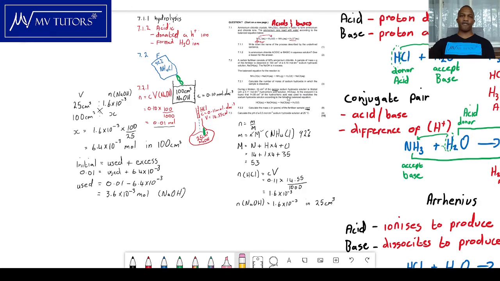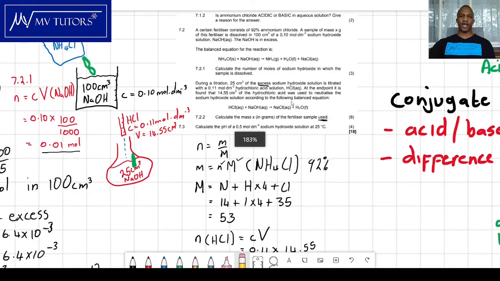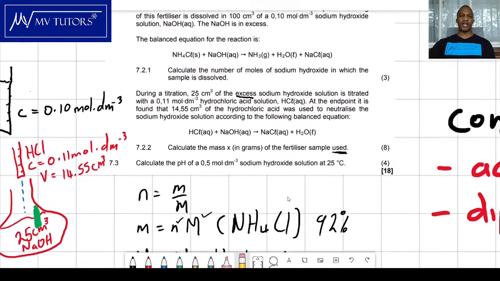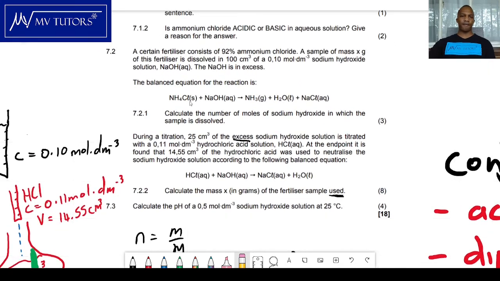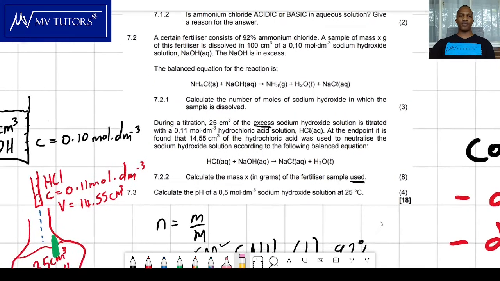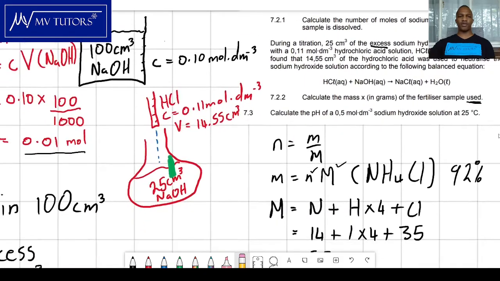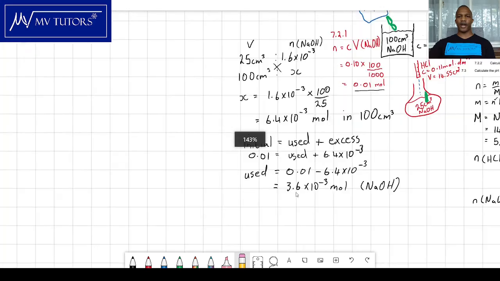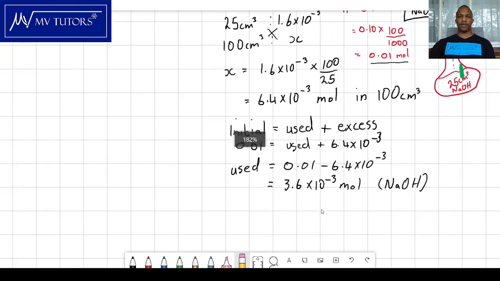Okay, so fortunately for us, we can see that based on the formula, it's also 1:1 over there. So the number of moles of sodium hydroxide is equal to the number of moles of the ammonium chloride.